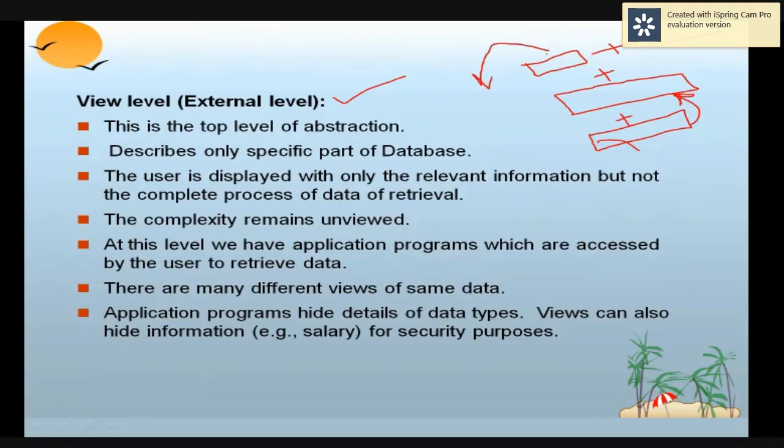The highest level of abstraction happens at the view level because, depending upon the type of user who is accessing the data, the filtration happens. It is the top level of abstraction, and there are many different views of the same data.